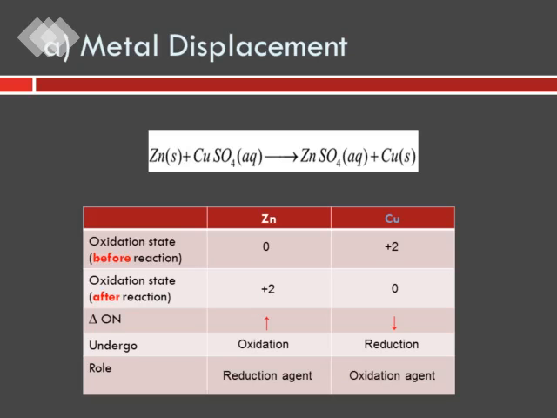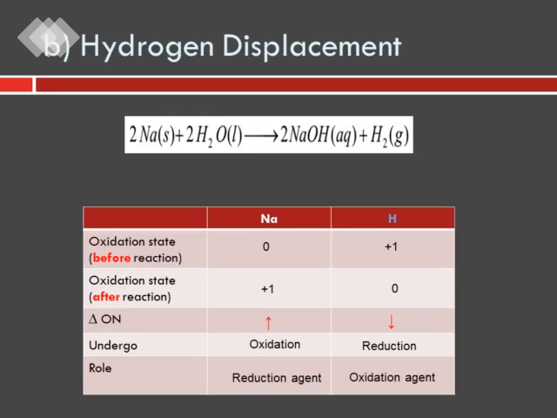In metal displacement, copper is displaced by zinc atom. In this reaction, it is found that the oxidation number of zinc has increased, hence indicates that it undergoes oxidation, hence acts as the reducing agent to reduce copper.